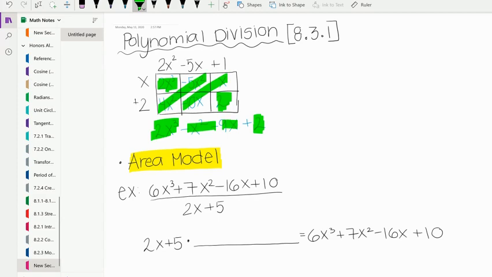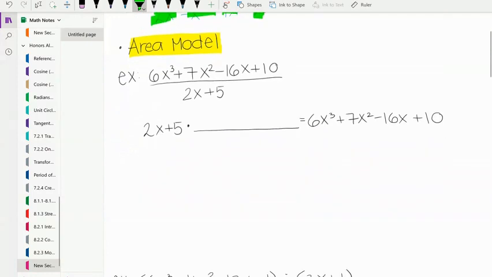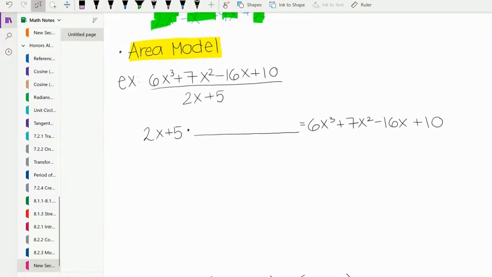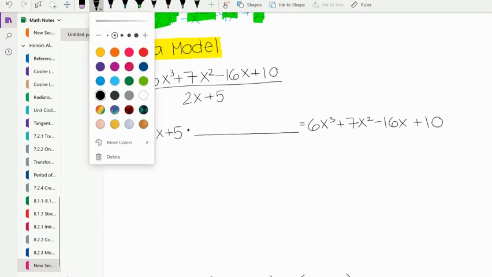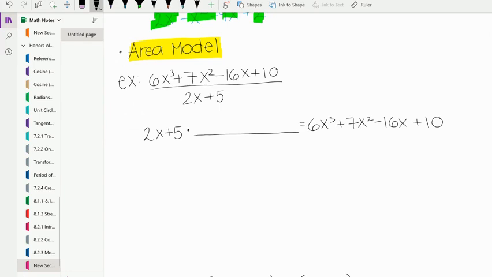So we're going to use the area model first. We have 6x cubed plus 7x squared minus 16x plus 10, divided by 2x plus 5. Essentially, we're asking: 2x plus 5 times what will give us that? So we're going to do a reverse box, using the box method. We know it's going to be a 2 by something because we have 2x plus 5.